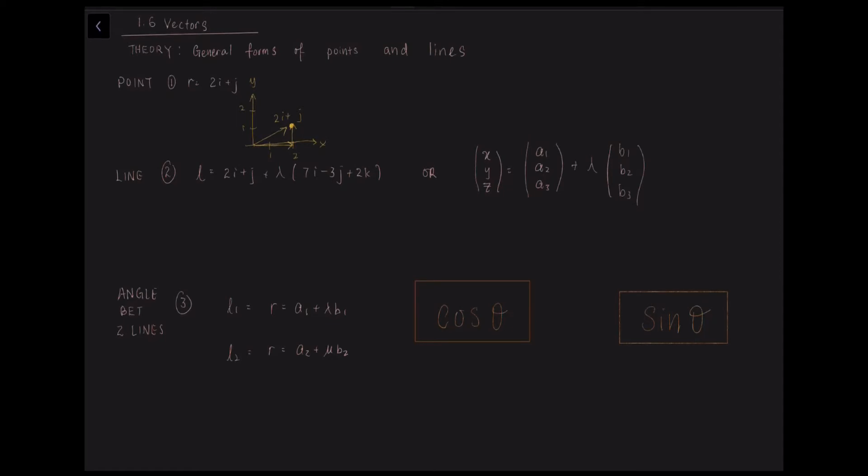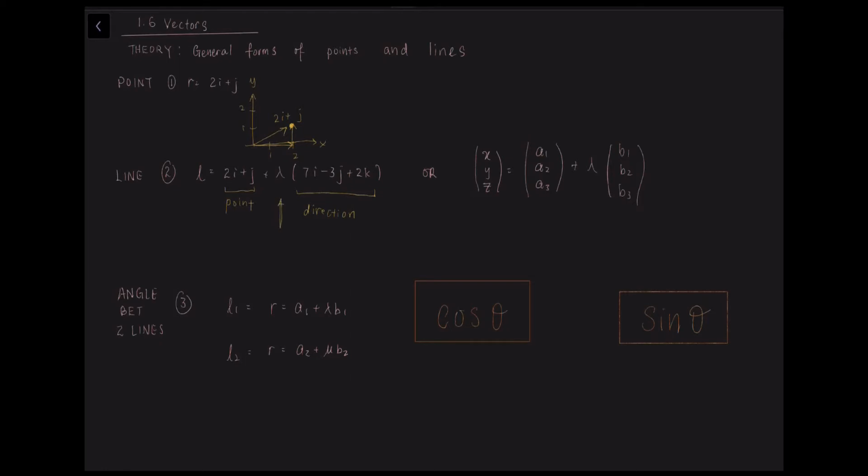So the line with equation r equals 2i plus j plus lambda times (7i minus 3j plus 2k) passes through a point with a position vector 2i plus j and is oriented in a direction which is parallel to the vector 7i minus 3j plus 2k.